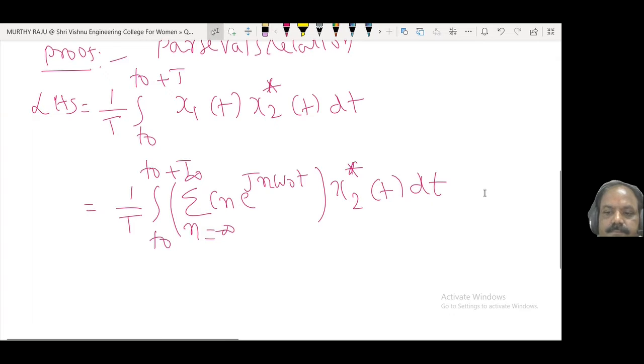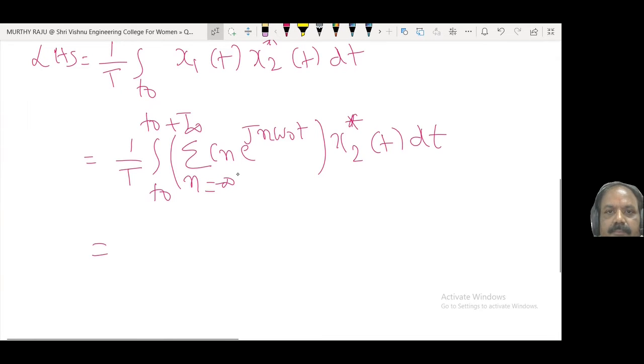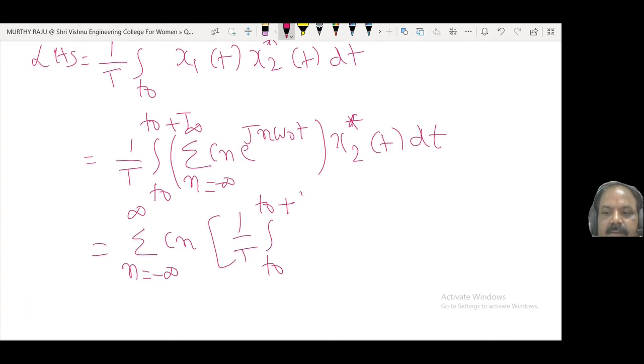Bring this sigma summation outside, with Cn and (1/T) integral from t0 to t0+T of x2 conjugate of t e power j n omega naught t dt.